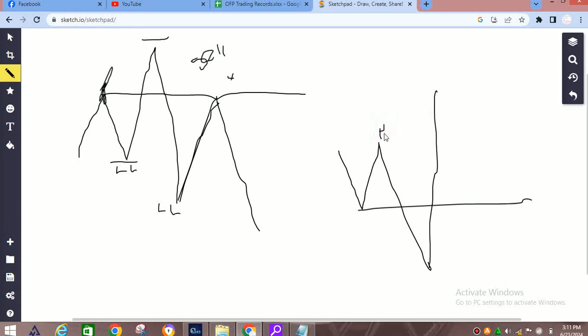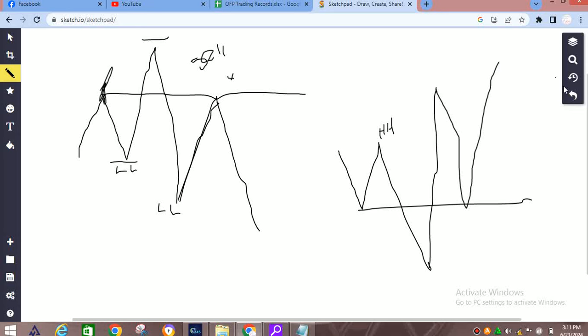Once it creates higher highs and this high is higher than this one, and the price comes to the same exact shoulder, we go for a buy. Once the price comes here, we know that the price is going to go up again. So this is a QM for a sell and a buy, and I've just explained it to you. You just have to replay the video and make sure you understand everything.